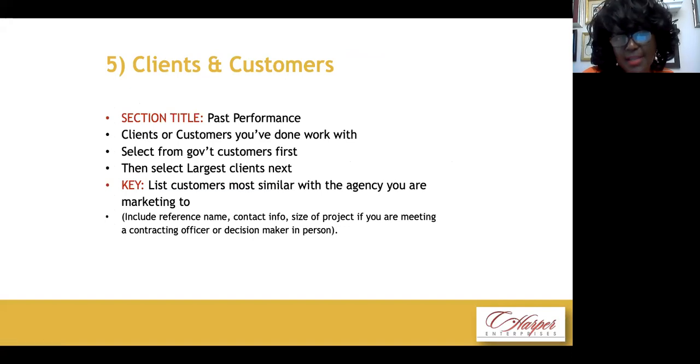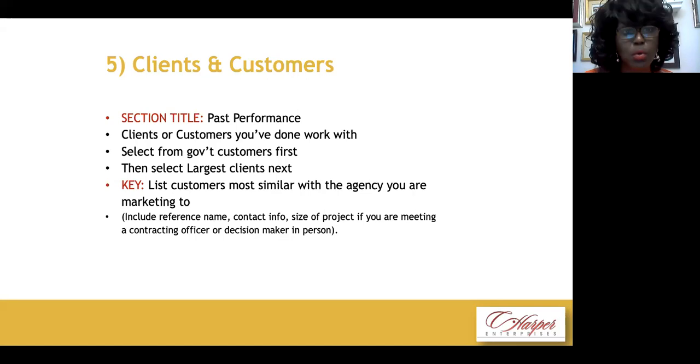Let's talk about your clients and your customers. Your past performance is so important. Whether it's government or not, your past performance is very important. Who are the clients and customers that you've done work with? And trust me, they will look to see if you've done work with these customers. Select from your government customers first. You could have worked with IBM, but if you worked on a government project, that's great for past performance. Select the largest clients as well.